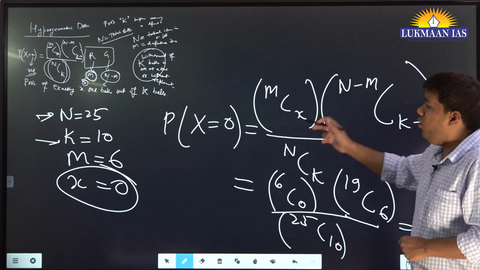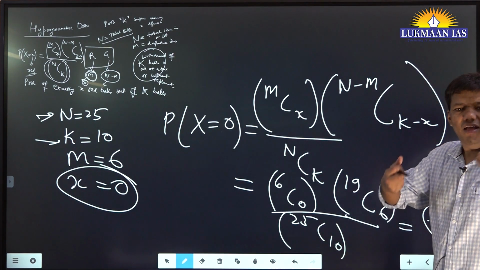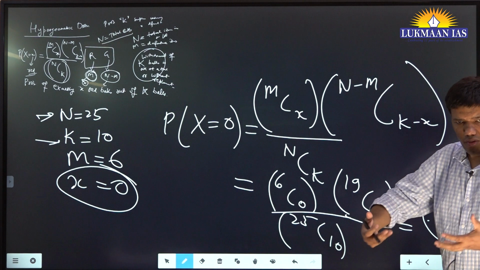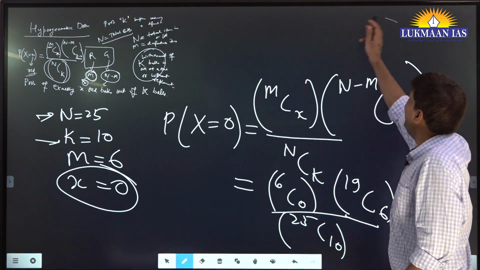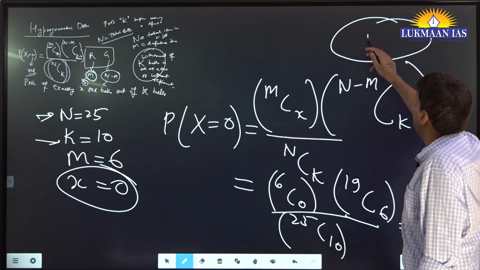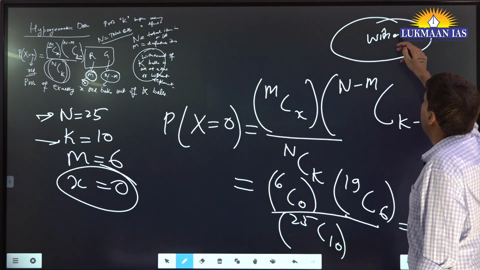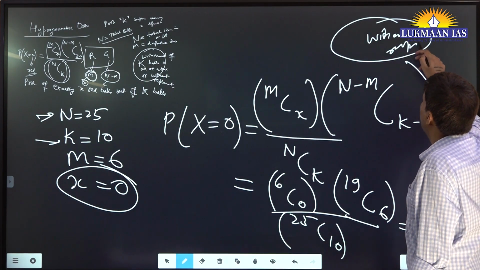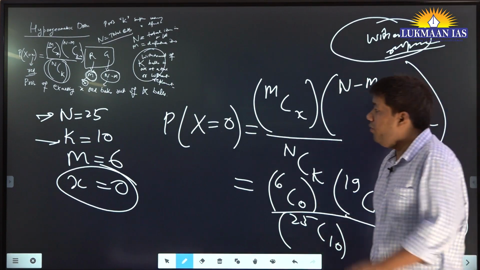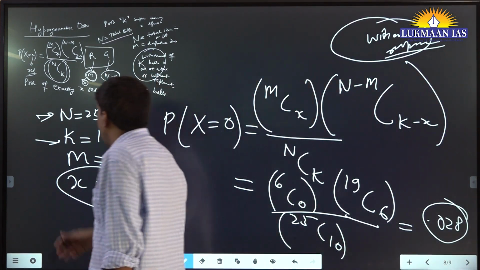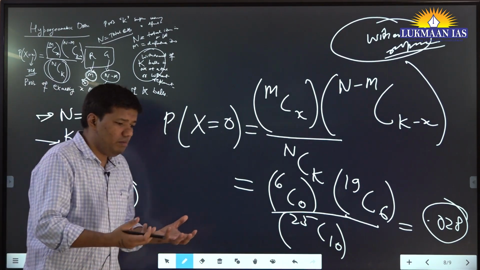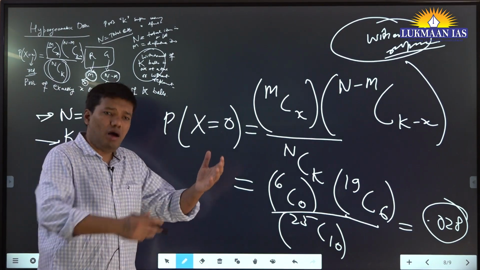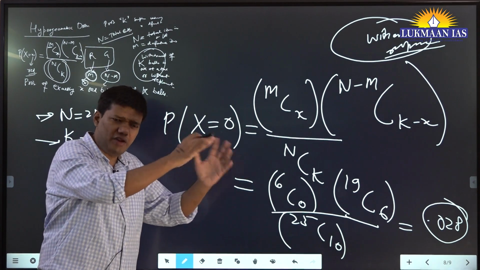Fine. Now, out of that, I am taking K. You will just withdraw K, all of them at a time. At a time, that means without replacement. That is an important observation. Without replacement. Fine. And then you will calculate the probability of getting exactly X red or defective, whatever it is.